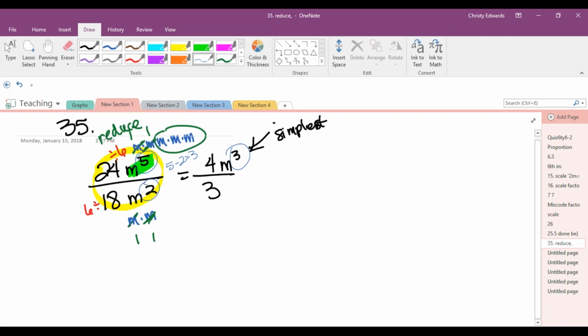Subtract them. Why does 5 minus 2 equals 3? Why does that work? Because it basically is saying 2 of the 5 and 2 of the 2 are going to cancel out, leaving only 3 m's multiplied in the numerator. I love the shortcut.